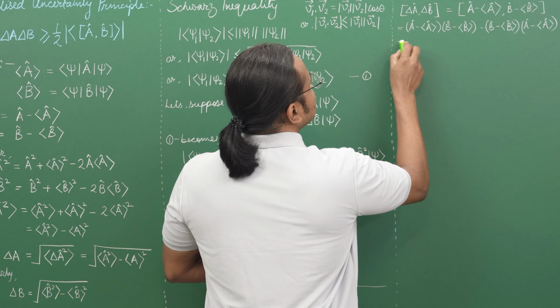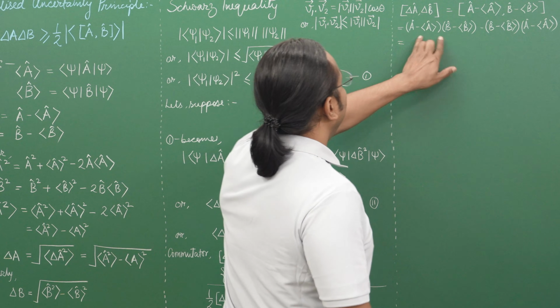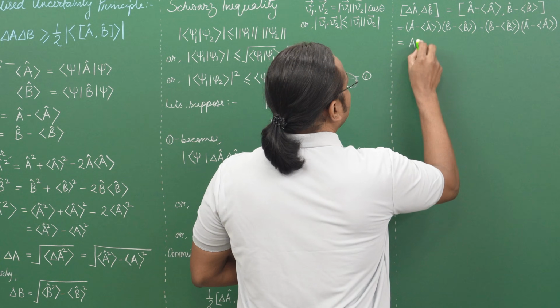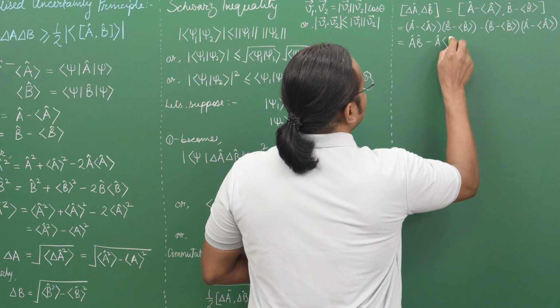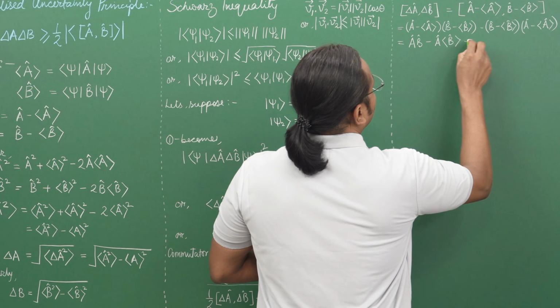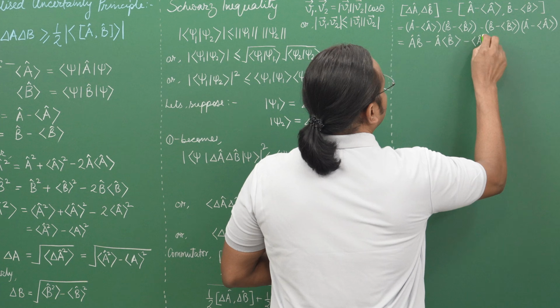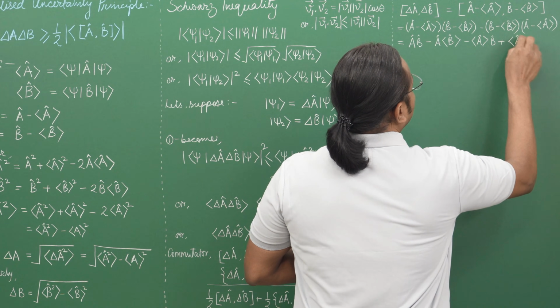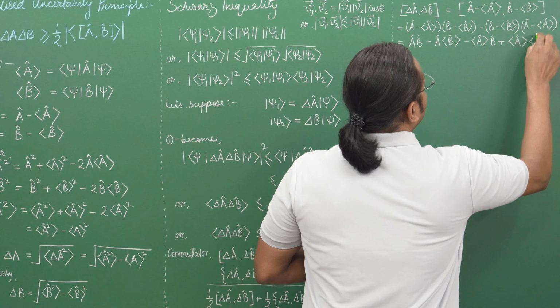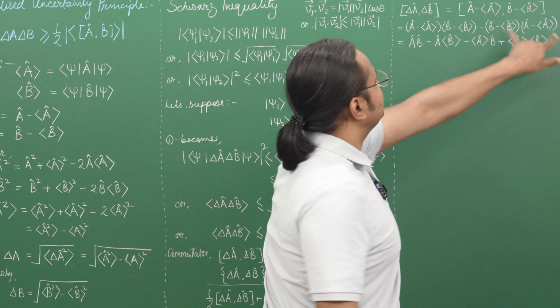So let's simplify this expression. What will I get? AB minus A expectation value of B minus expectation value of A B plus expectation value of A expectation value of B. Let's simplify this expression further.